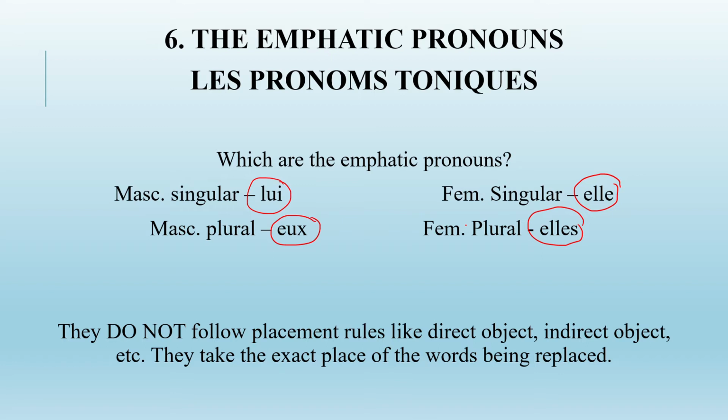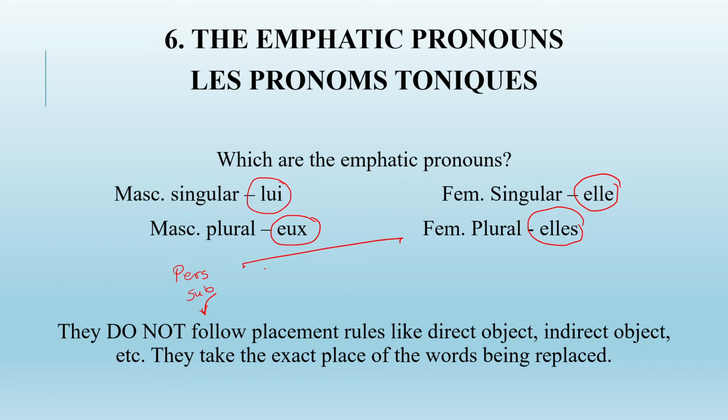Now, it is also important to remember with regard to the placement of these pronouns that for the first step, that is the personal subject, we were not following any placement rule, right? We were just replacing the underlined part as it was, in the place where the underlined part was in the question, right? We were not following any rule for replacement.